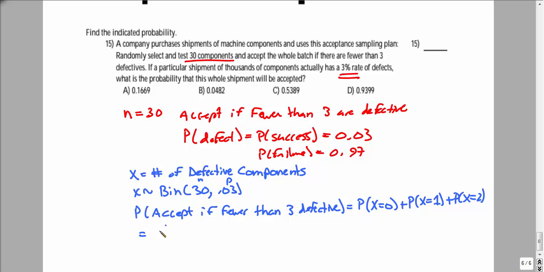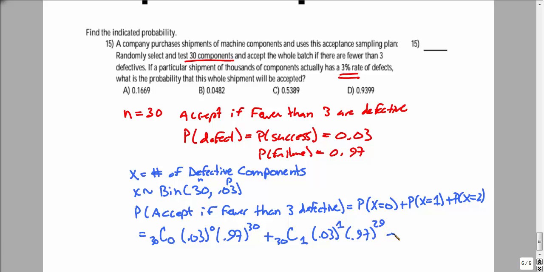So what I'm going to do here then is the probability that X equals 0, that would be 30 combination 0, 0.03 to the 0, 0.97 to the 30, because it's 30 minus 0, plus 30 choose 1, 0.03 to the first, 0.97 to the 29th, plus 30 combination 2, 0.03 squared, 0.97 to the 28th, because 30 minus 2 is 28.